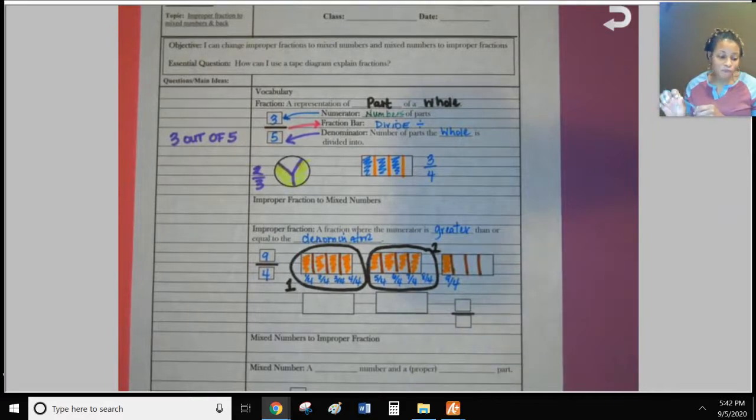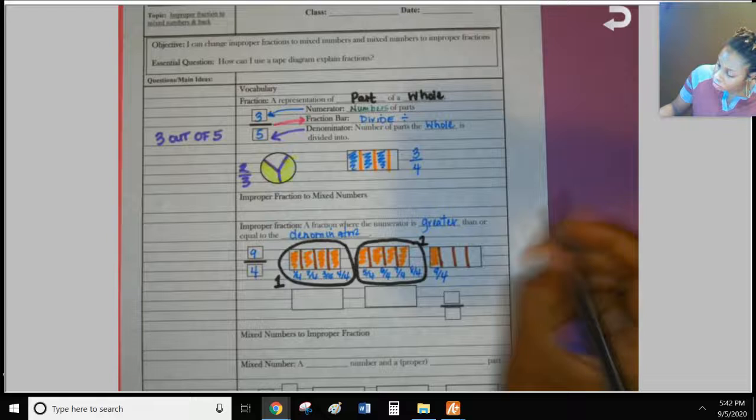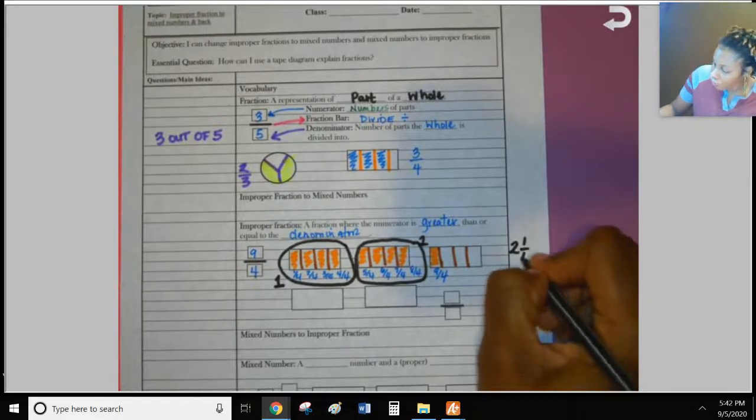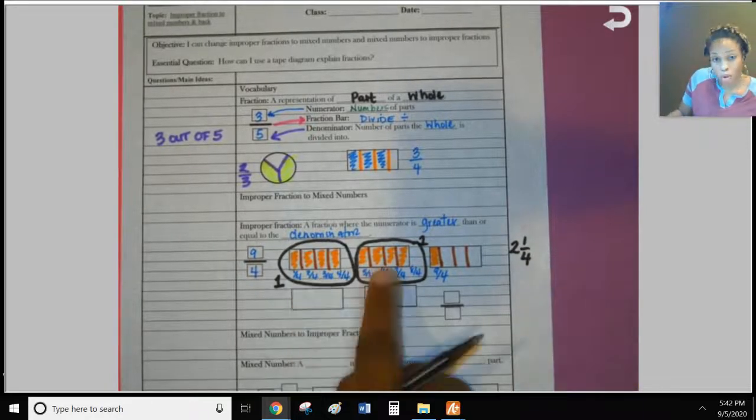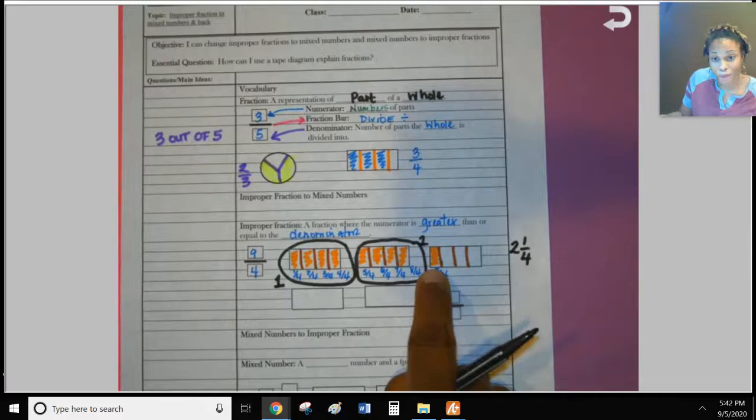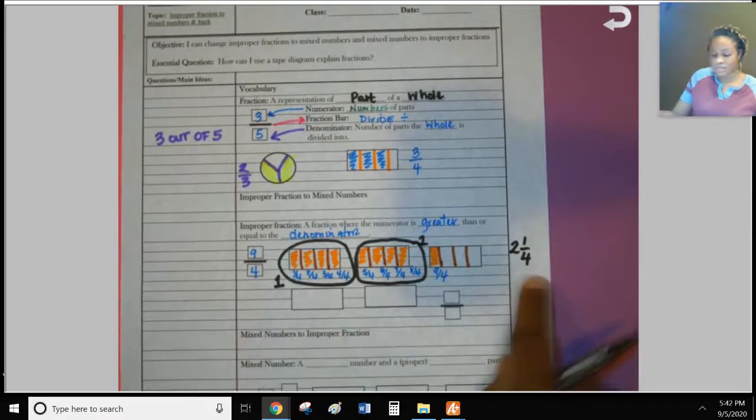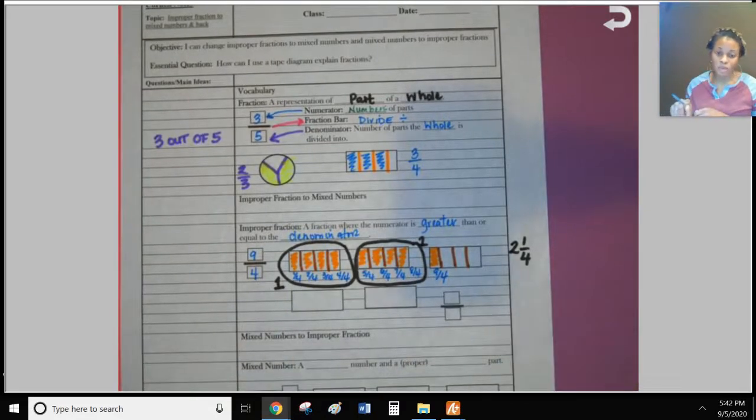So 9/4 is equivalent to 2 1/4. I see 2 wholes and I see 1 out of 4 shaded. So 9/4 is the same as 2 1/4. Sorry, that is how you can model an improper fraction and see the mixed number portion of it.